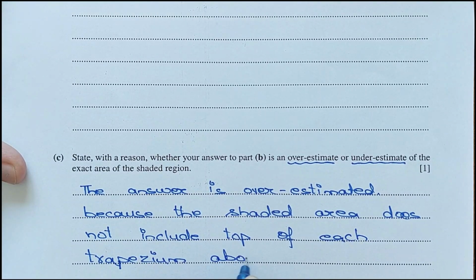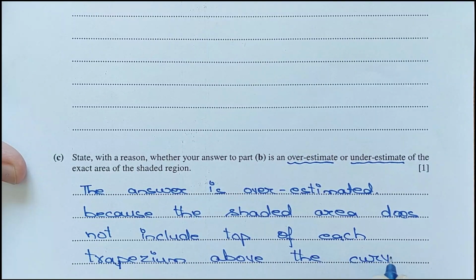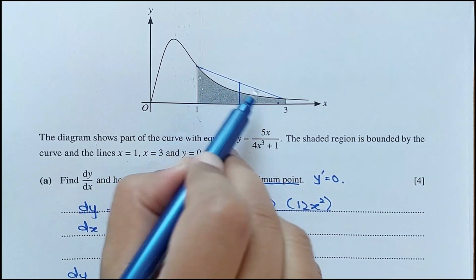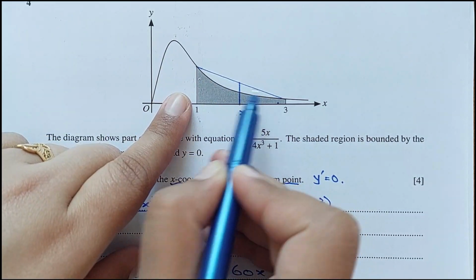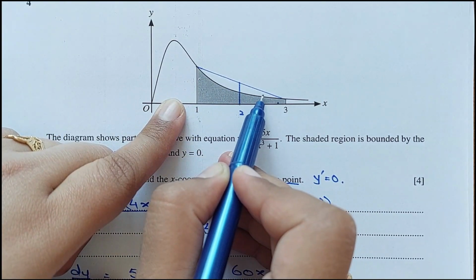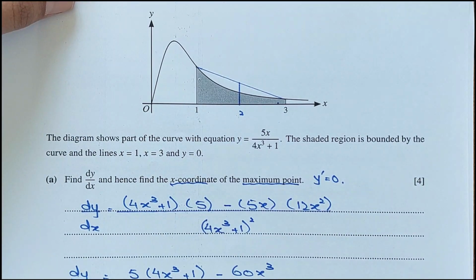Above the curve. Because above the curve, the top portion of the trapezium, between the top of the trapezium and the portion above the curve, we calculated this one as well, but this one is not shaded. That is why the answer is overestimated, not underestimated.